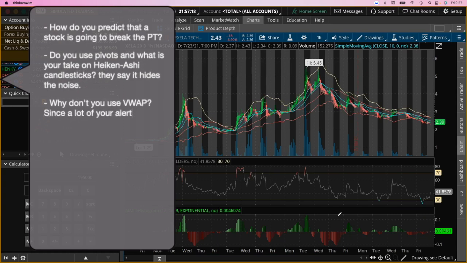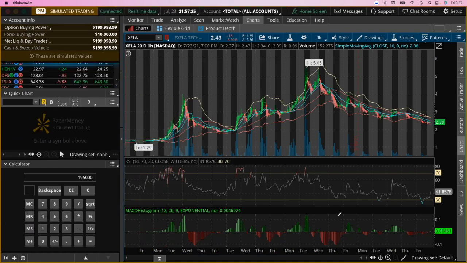Why don't I use VWAP? Some people like to use the VWAP indicator. I personally don't. I was never a fan of it. Since a lot of your alerts are momentum based, you find VWAP not helpful? It's not that I don't find it helpful. It's just that I prefer relying on MACD and relative volume.